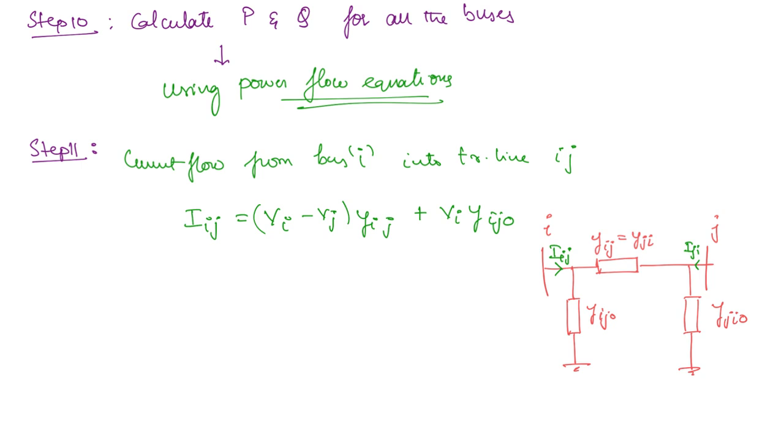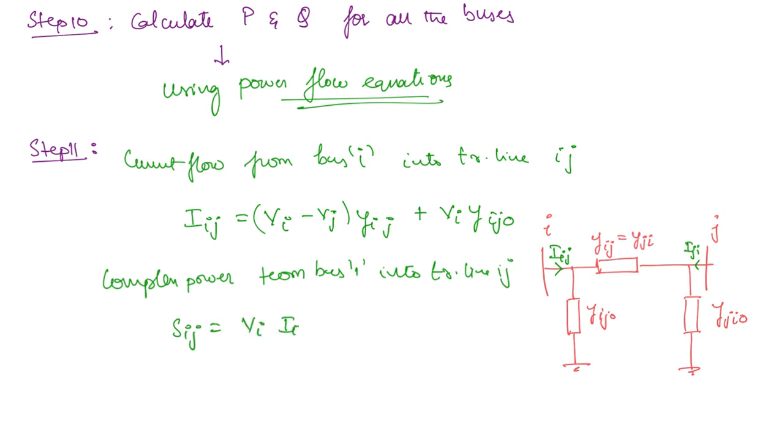And next is the complex power from bus i into transmission line ij. What is this? S_ij is equal to V_i I_ij conjugate. So that is how you have to do the Gauss-Seidel iterations.